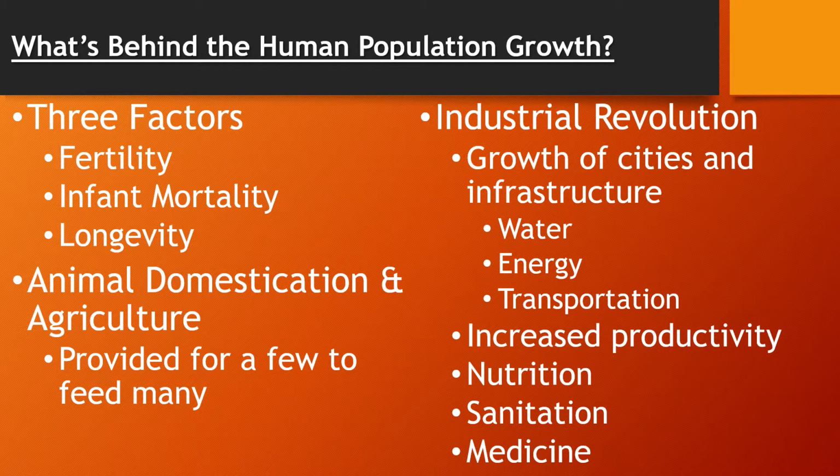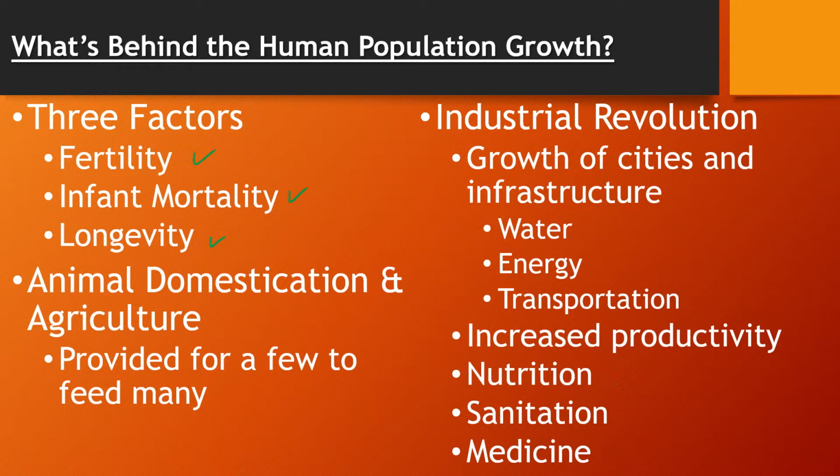So 3 factors have led to human population growth, most notably fertility, infant mortality, and longevity. Since we're more healthy, fertility rates have increased, infant mortality has gone down, and we are living longer.